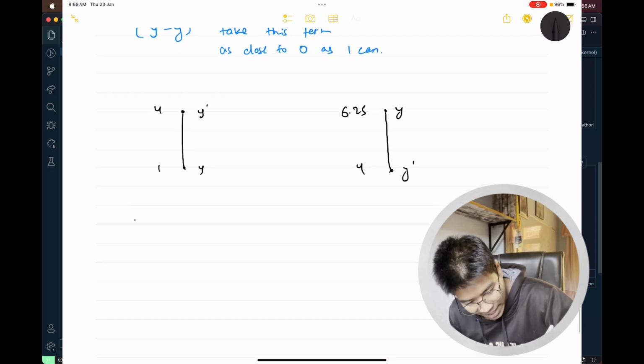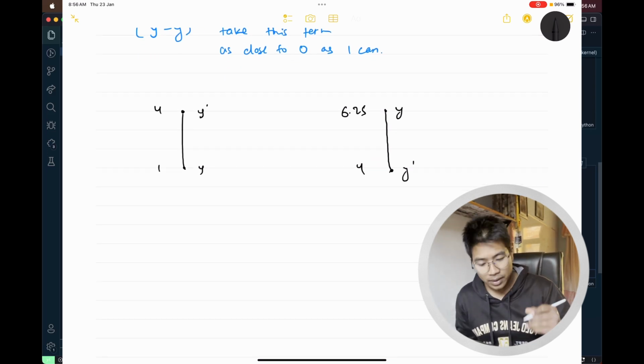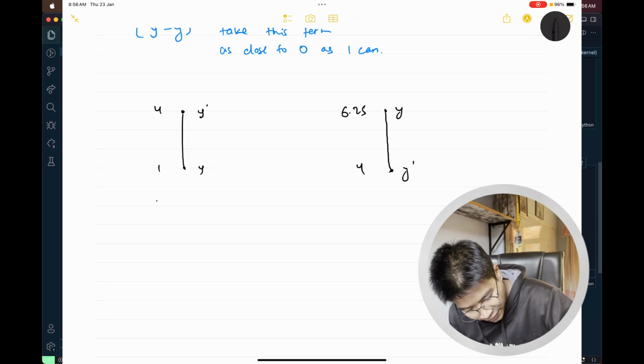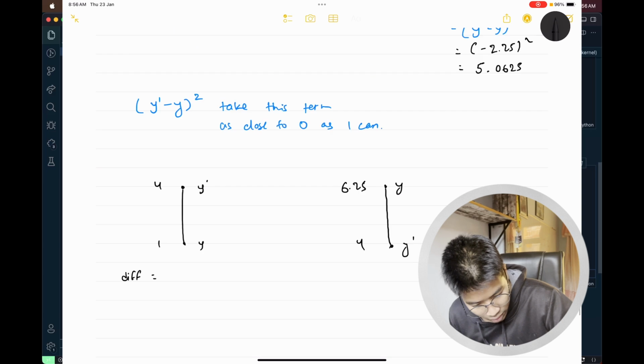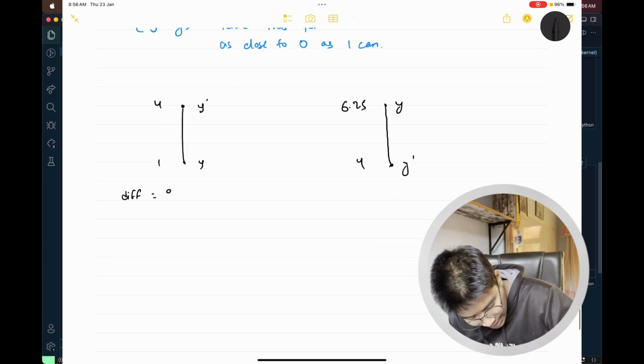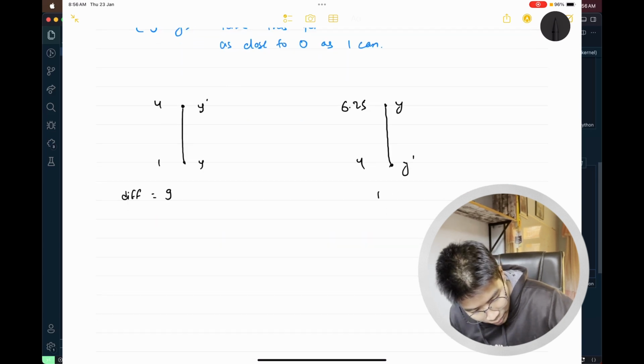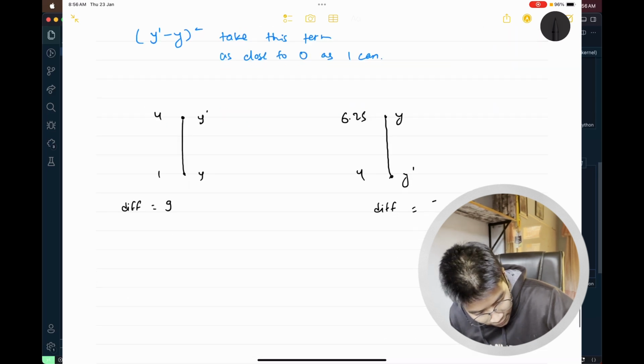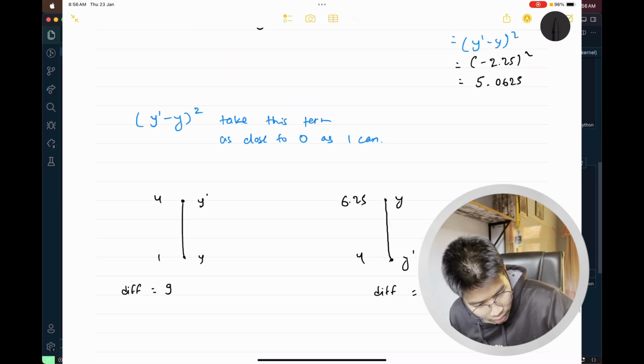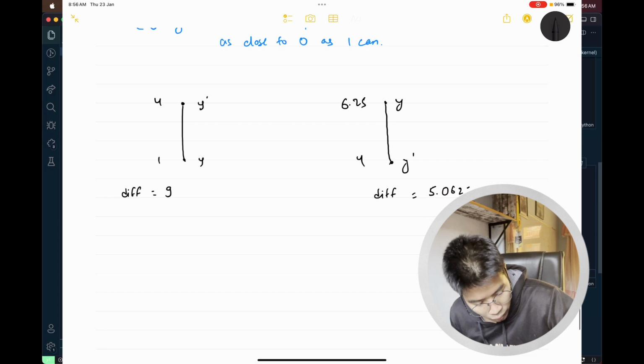what was my difference? Okay, and the difference over here was my diff. What did we calculate? That was 9. Okay, what was my difference over here? It was 5.0625. Okay.